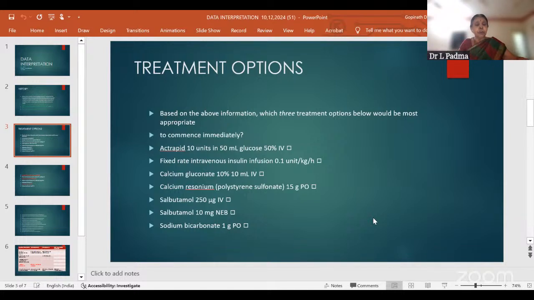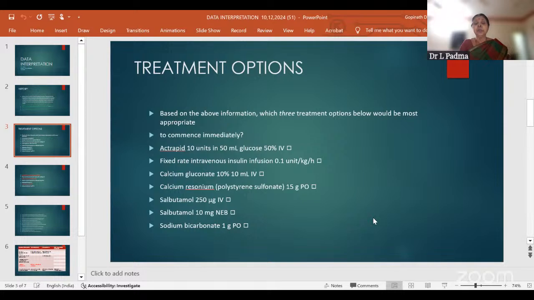Are you following? Okay. So you have to think these two are the problems we want to see. So the options are: can we start with Actrapid 10 units in 50 ml glucose?